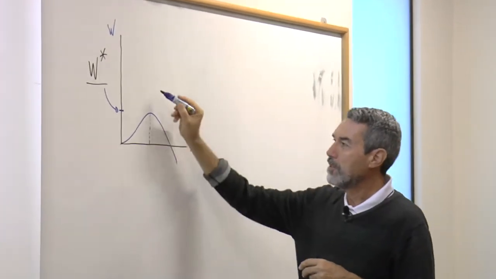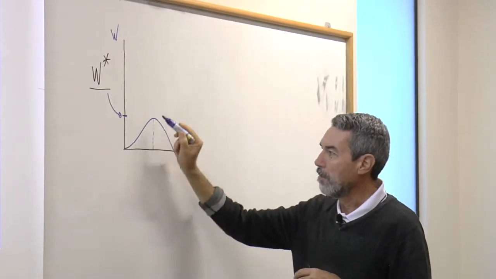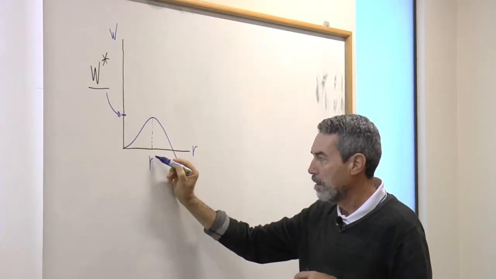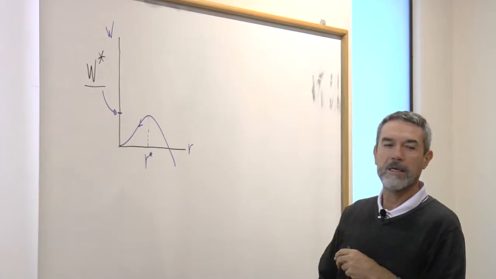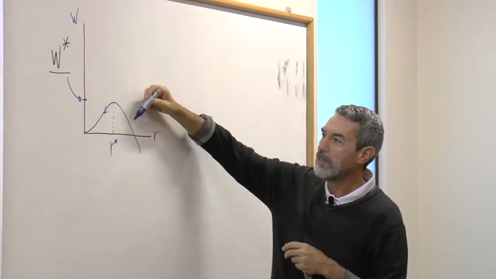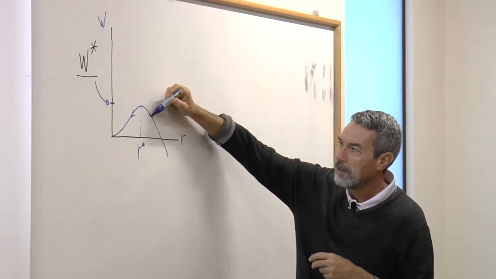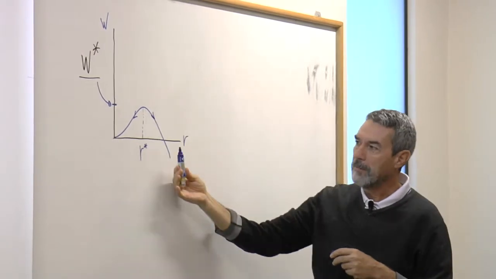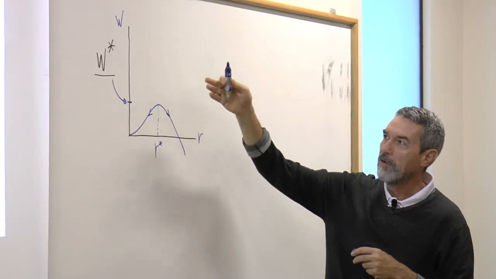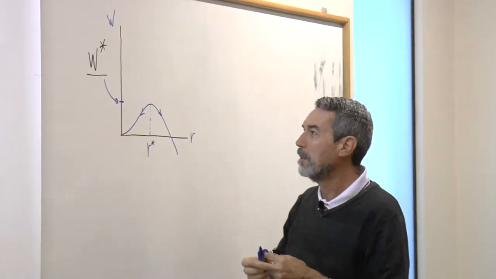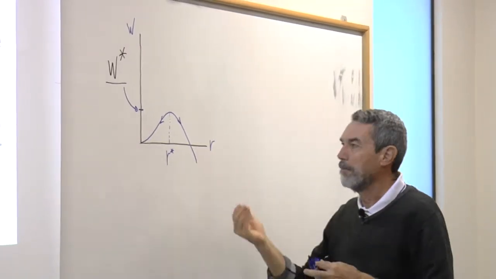Fluctuations below W star, or below this critical size, dissolve back. But these fluctuations here grow. They come this way, they grow, the size increases, and the overall free energy drops.